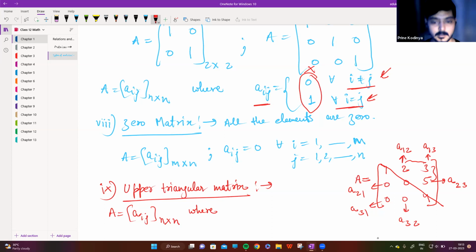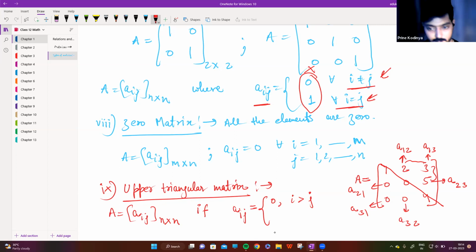It can be known as an upper triangular matrix if Aij is equal to 0 for all i greater than j.